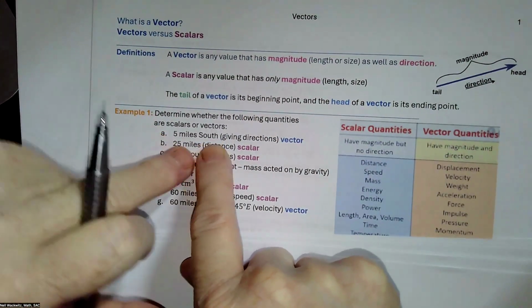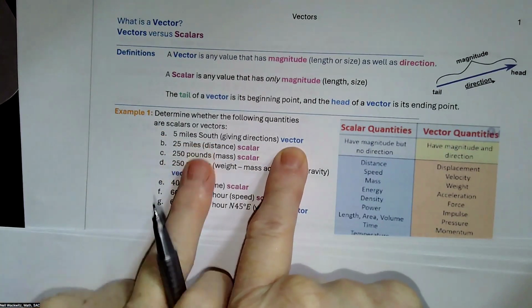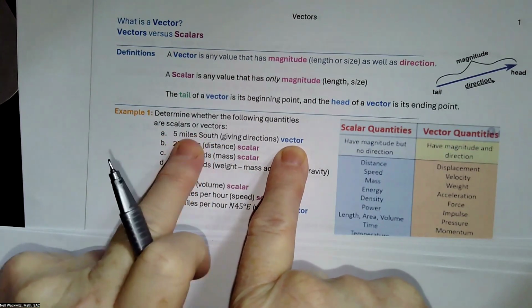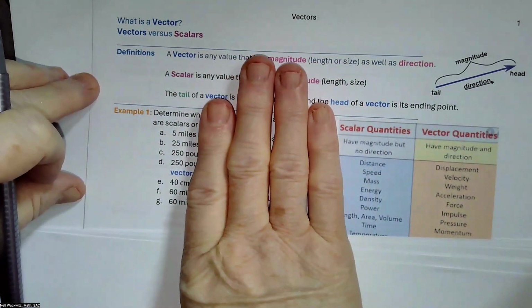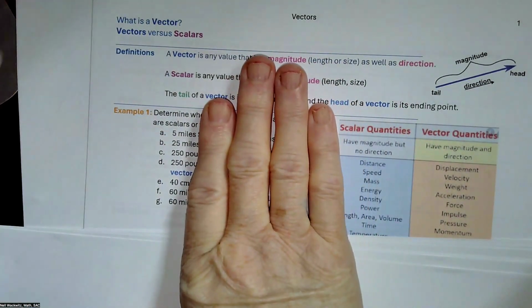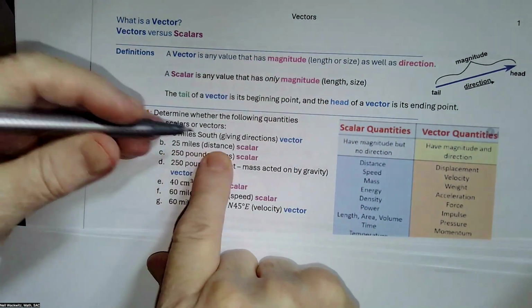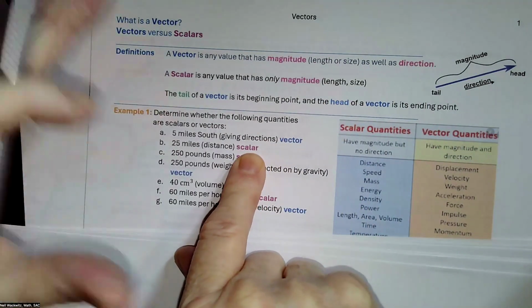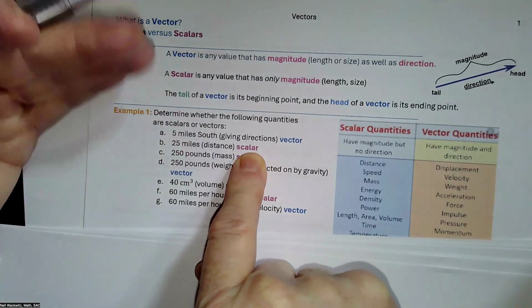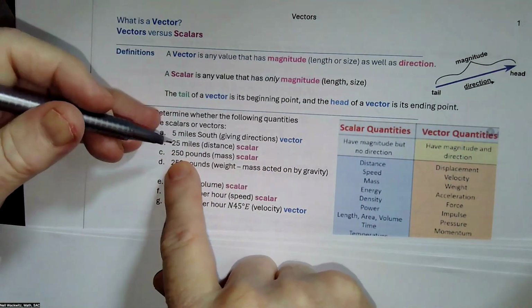Five miles south is a vector because it's an amount and a direction. 5 miles would just be a scalar. And here, 25 miles is a scalar. It doesn't say 25 miles in what direction, just 25 miles.